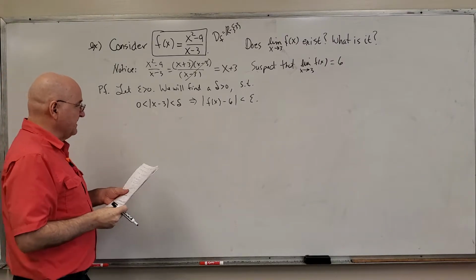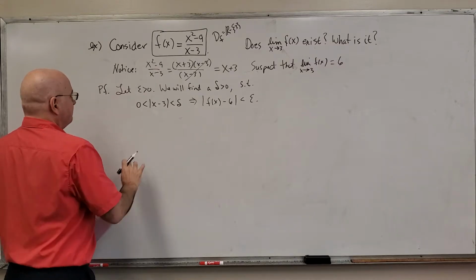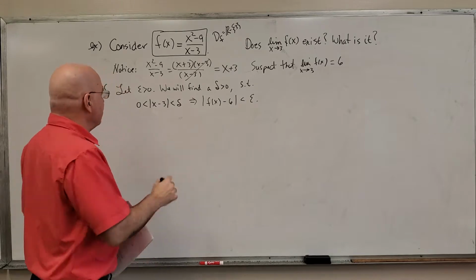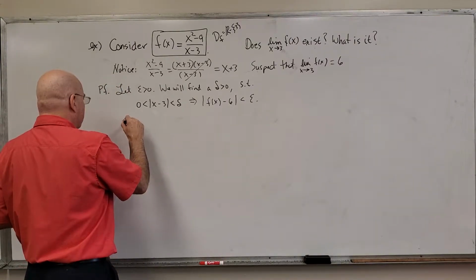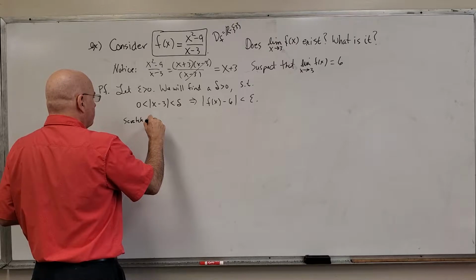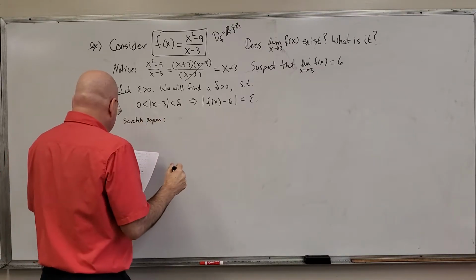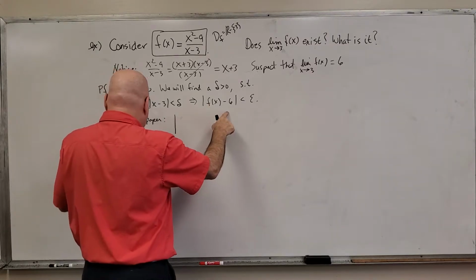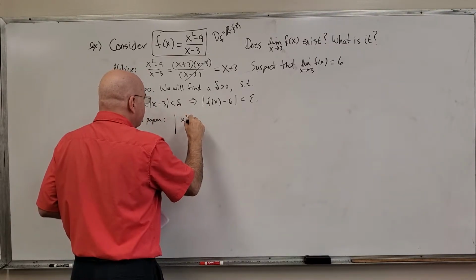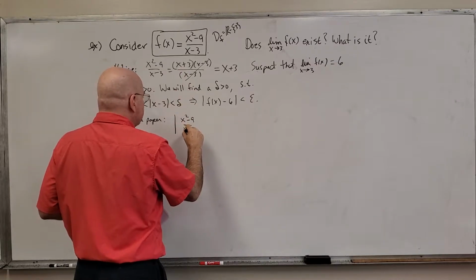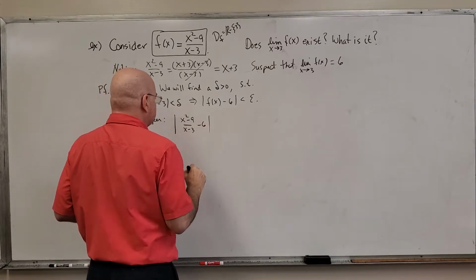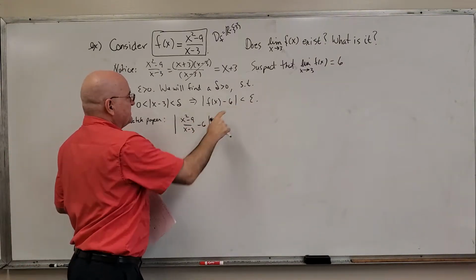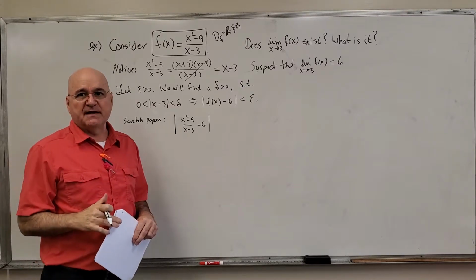And we know what f of x is. We could really finish this proof up in one or two more sentences, but I'm going to put a little bit of scratch paper here. Notice that f of x minus 6 is (x squared minus 9) over (x minus 3), minus 6. And we're going to need this to be less than that arbitrarily chosen epsilon.